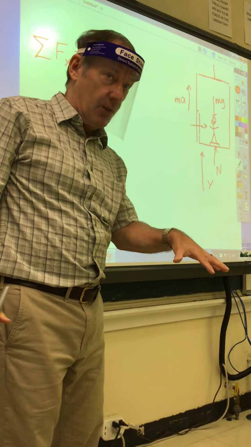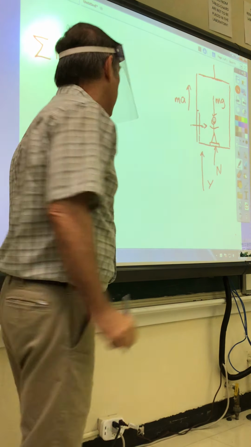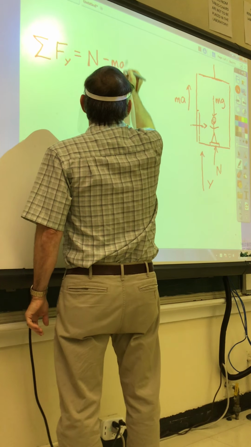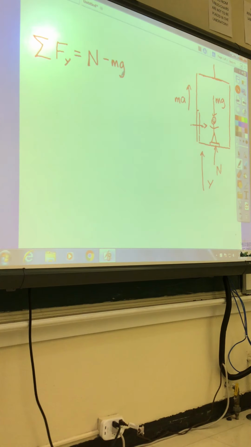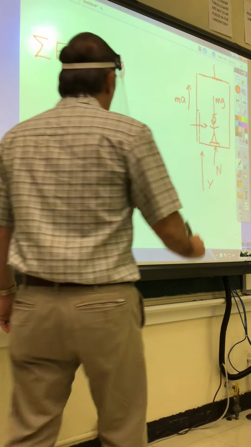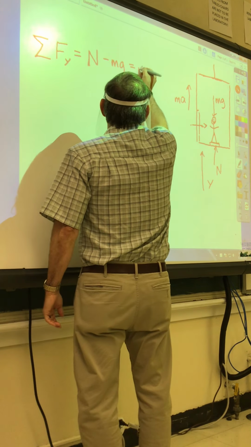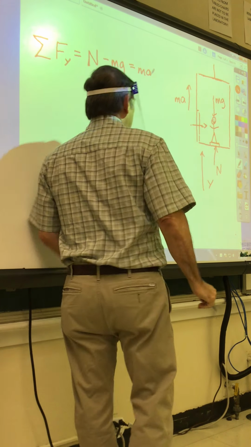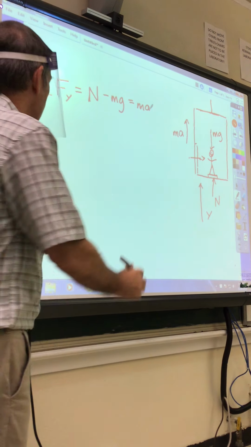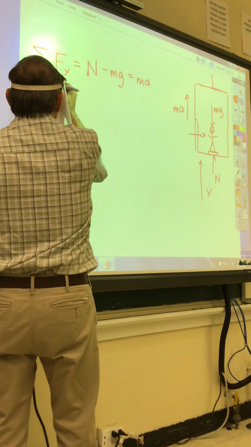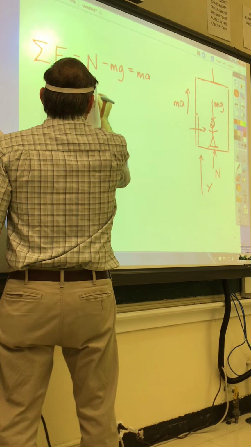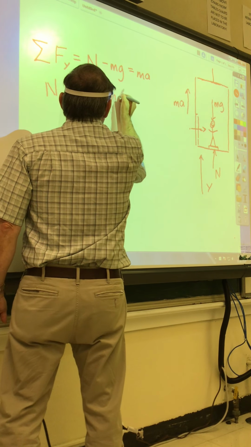By the way, it's also what you're going to feel. And then minus mg, that's your weight, because gravity is always trying to pull you down, right? And that's equal to ma, and since we're accelerating up, ma is positive. So your normal force is equal to ma plus mg.